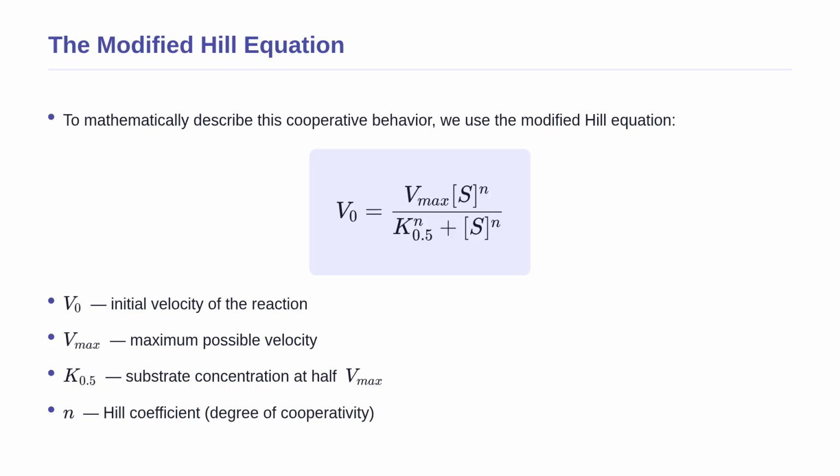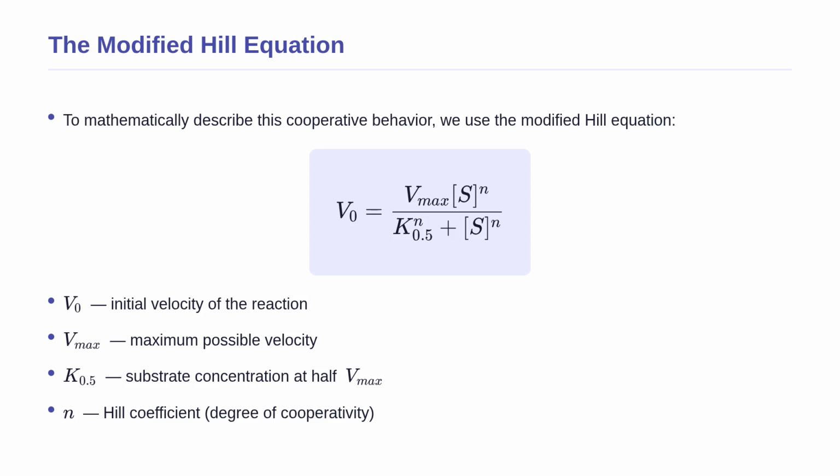The variable [S] in brackets represents the concentration of the substrate. K0.5 is the substrate concentration at which the reaction velocity is exactly half of Vmax. Finally, the exponent n is the Hill coefficient, which measures the degree of cooperativity.